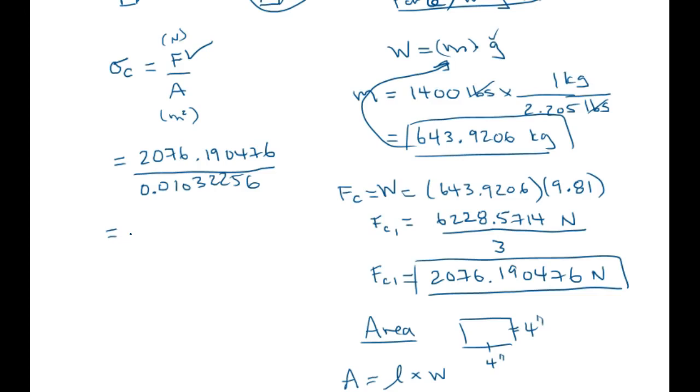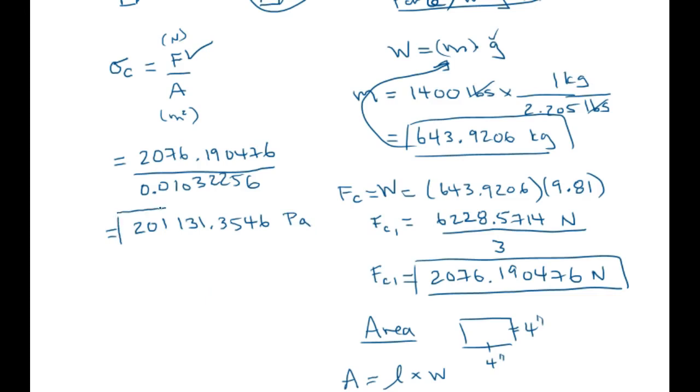And I end up getting, from my calculation, 201,131.3546, and that's newtons per meter squared, or pascals.